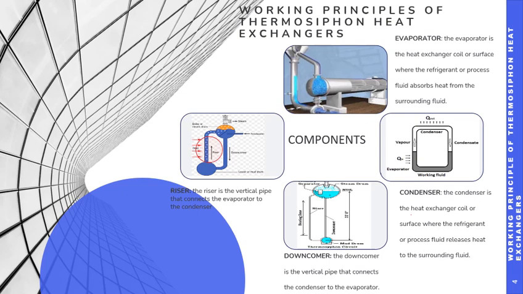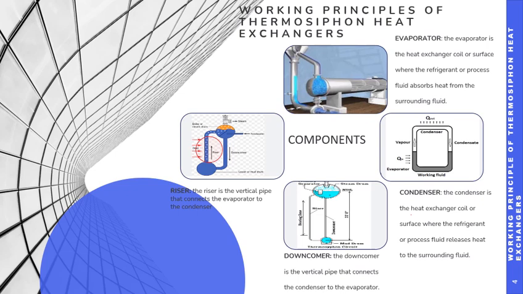We have the evaporator. As you can see, there's a picture of the evaporator displayed on the slide. The evaporator is where the refrigerant or process fluid absorbs heat from the surrounding fluid.